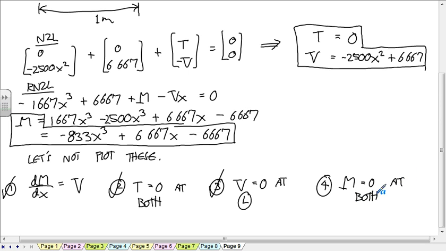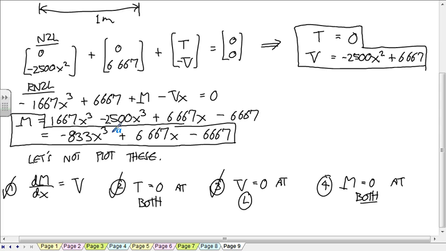And then for the second one, can someone plug in 2 for x for this function? No?